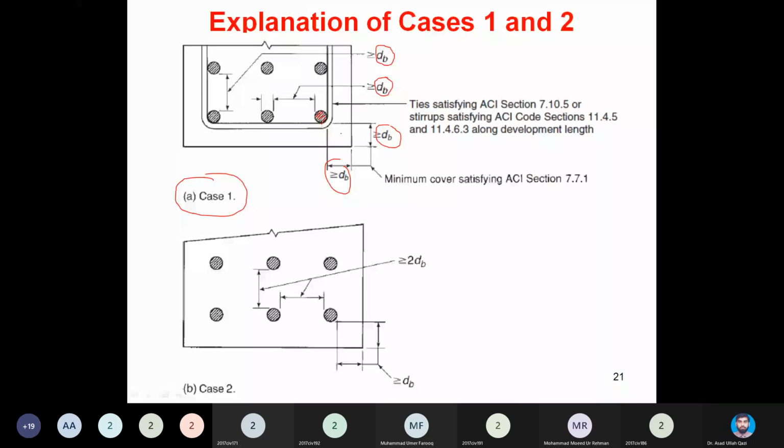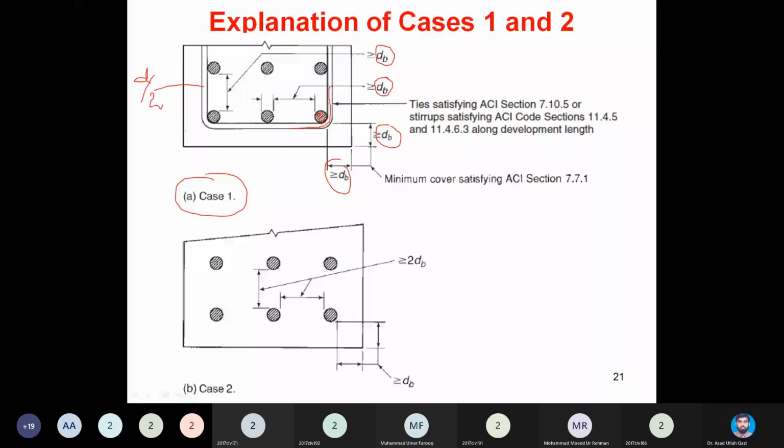along with the confinement with ties, that is, the bars are also enveloped by the tie and the tie's spacing is not wider than the minimum recommended by the ACI code, and that is half of the effective depth.